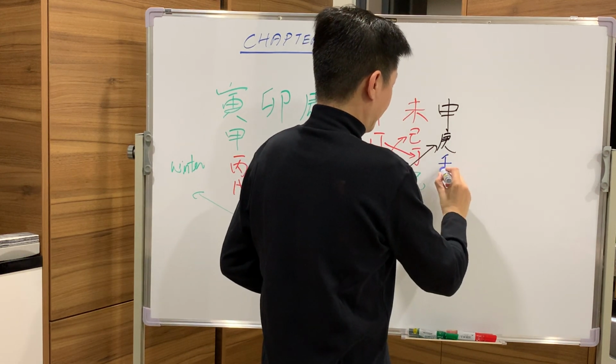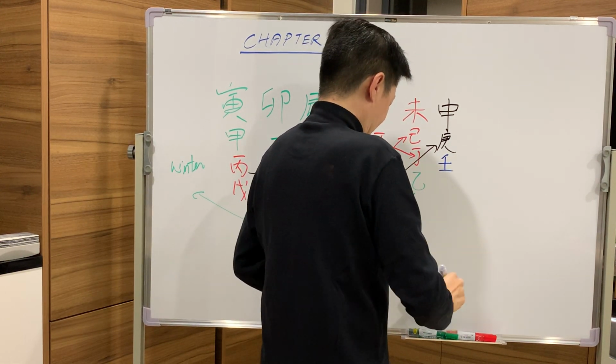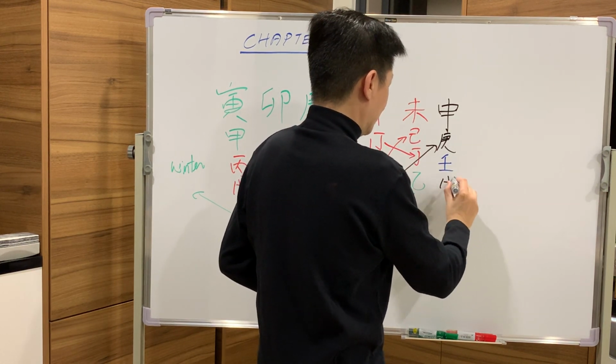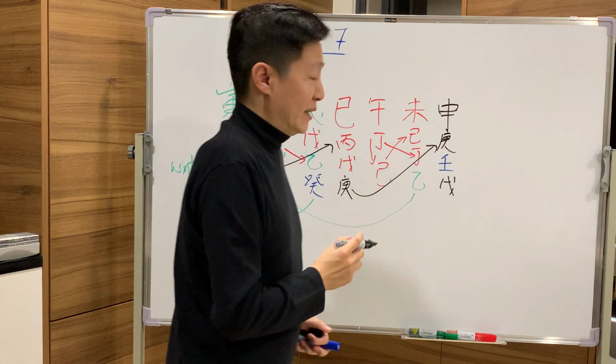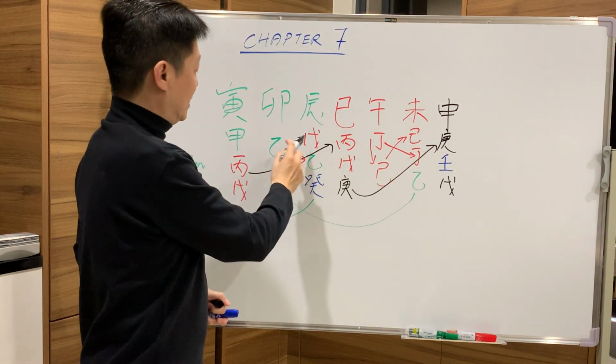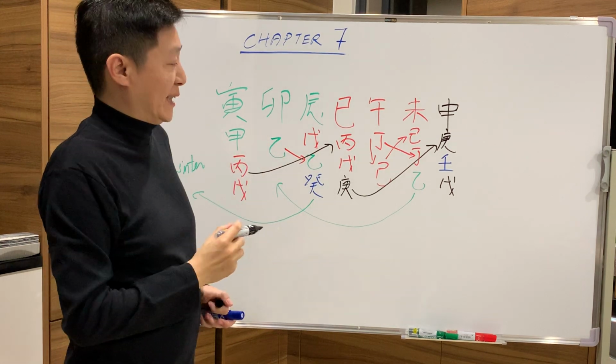Okay, then the Ren, this is Wu. This Wu is the dog. That's why I use black color. Okay, whereas the Wu here is dragon. That's why I use red color.